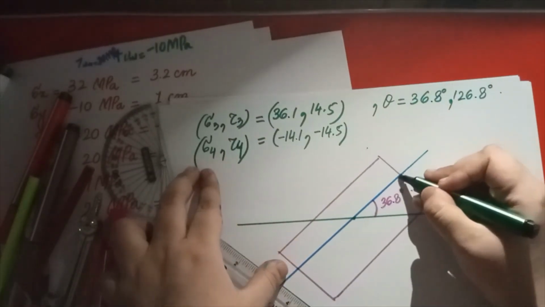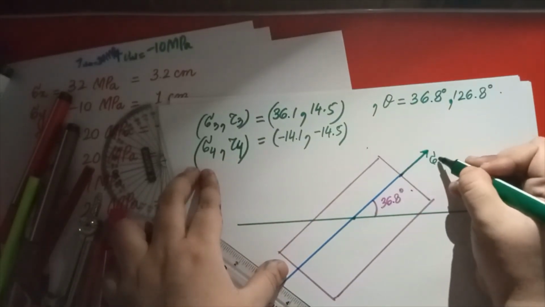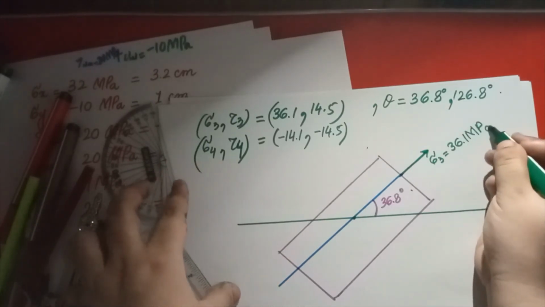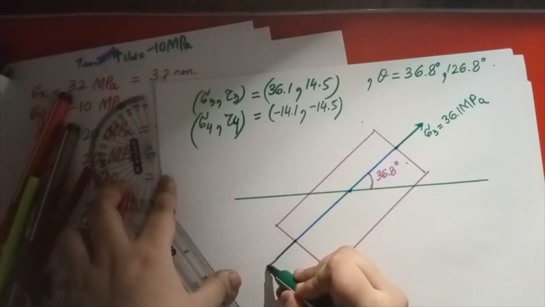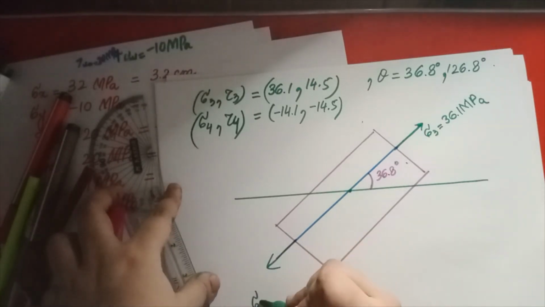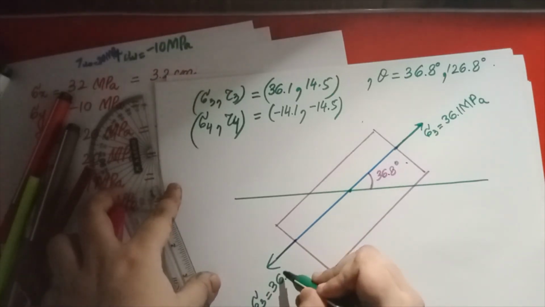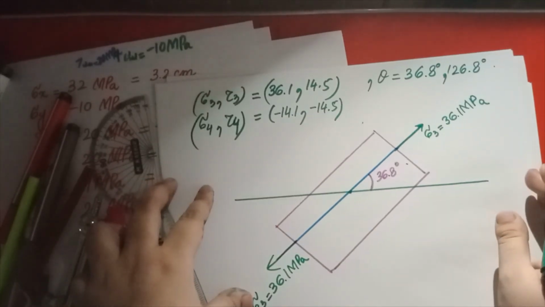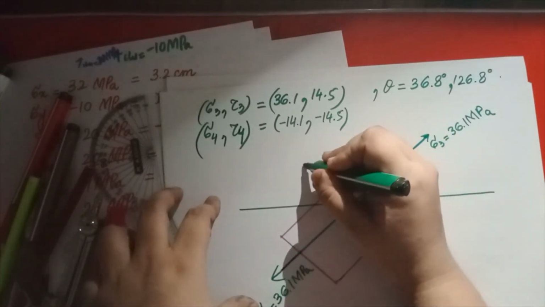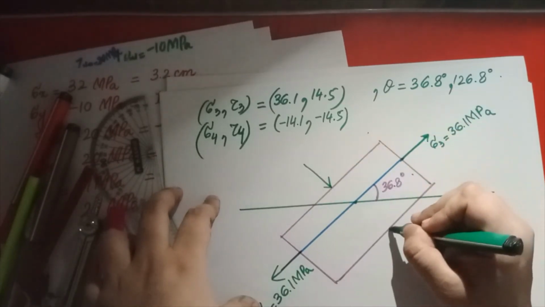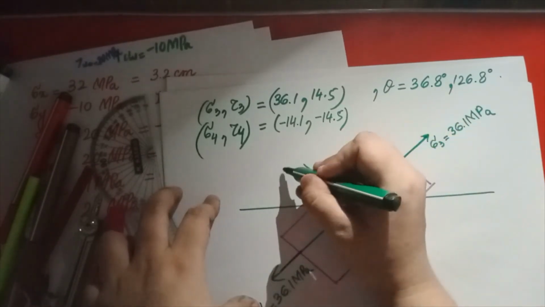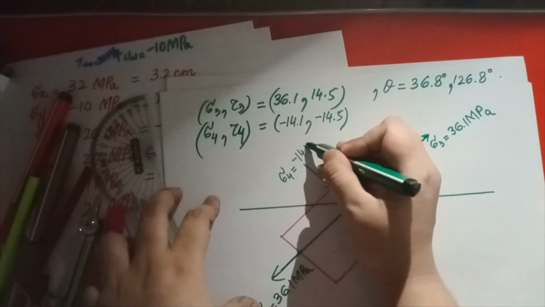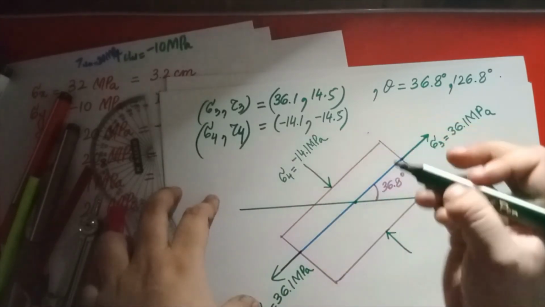So now sigma 3 is 36.1 MPa. It is positive, so it is coming outward. This is sigma 3 equals 36.1 MPa. And sigma 4 is minus 14.1 MPa, so I will put it downward. Sigma 4 is equal to minus 14.1 MPa.